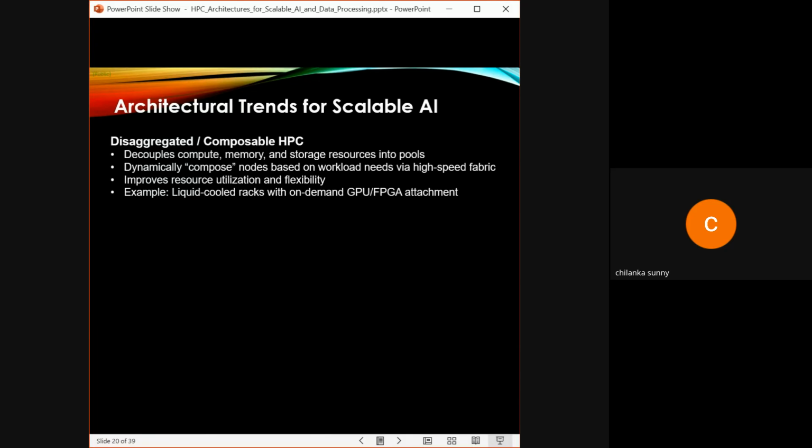This improves utilization and avoids statically over-provisioning expensive GPUs. But the challenge is latency and bandwidth across the fabric. For composability to work, we need the fabric to be very fast, or the use case must tolerate some remote access cost.